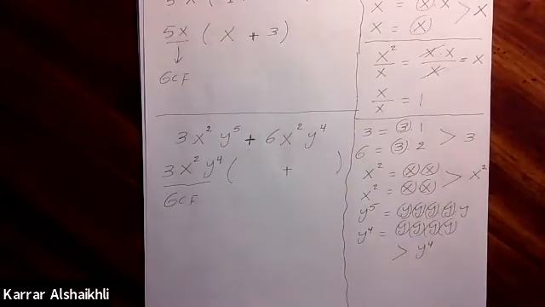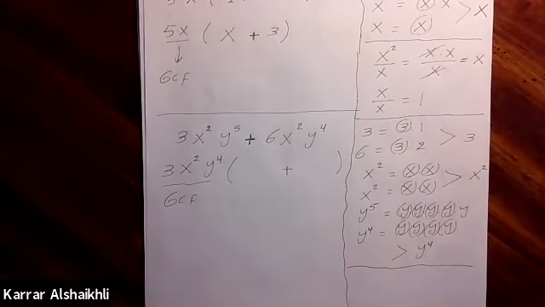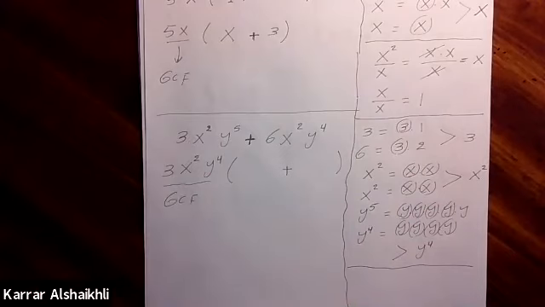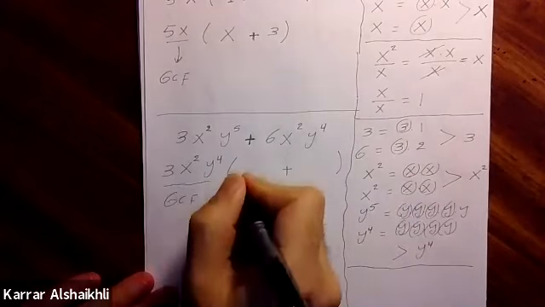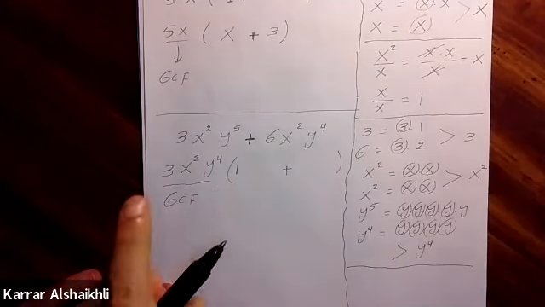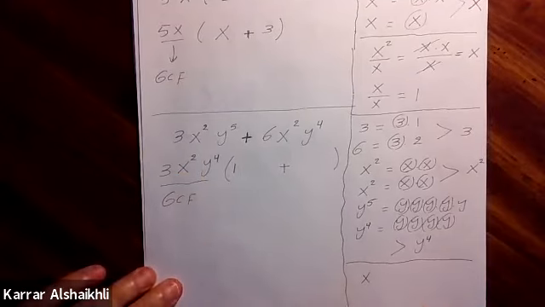Now I need to divide. Let's start dividing. 3 divided by 3 is going to be 1. Here's the 1. X squared divided by x squared.